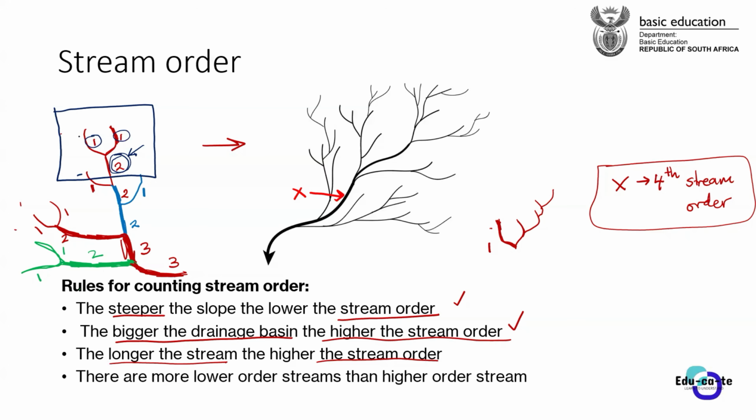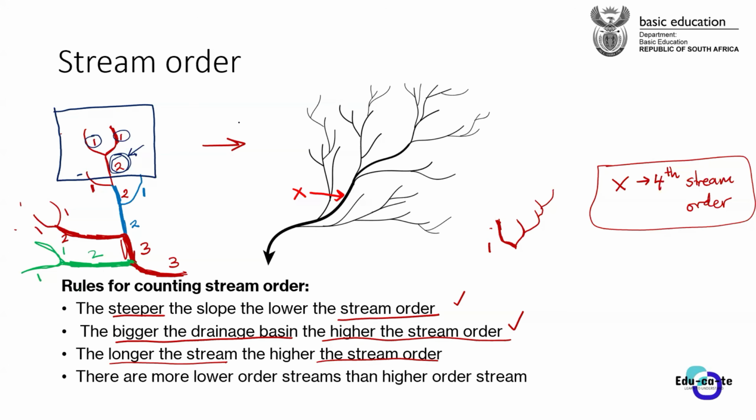There we've got two tributaries, the first order streams, two of them, but we only have one second order, the higher one. So in each and every case, whenever we are comparing the streams in a particular drainage basin itself, there will always be more of those that are lower order, that have a smaller stream order than the higher one.